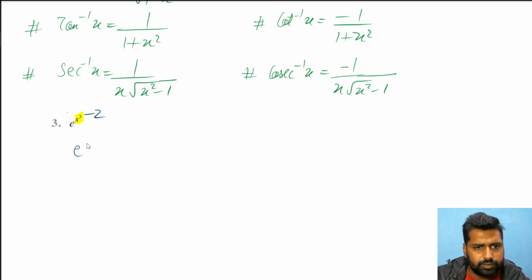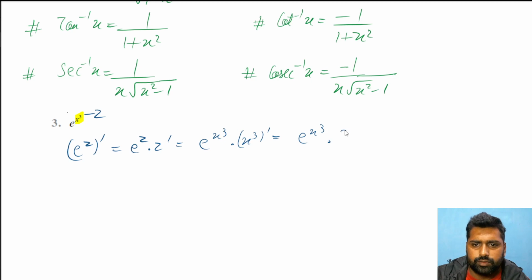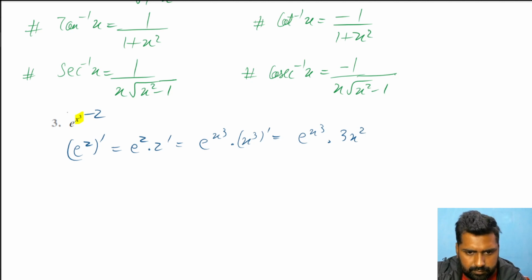So same idea, e raised to power z differentiation, that's e raised to power z into z dash, that's e raised to power x cube, and differentiation of x cube, that's e raised to power x cube into 3x square. Simple enough. Let's complicate things.